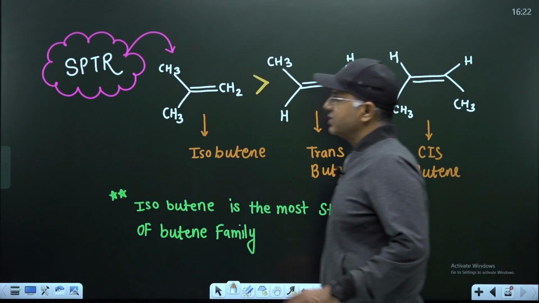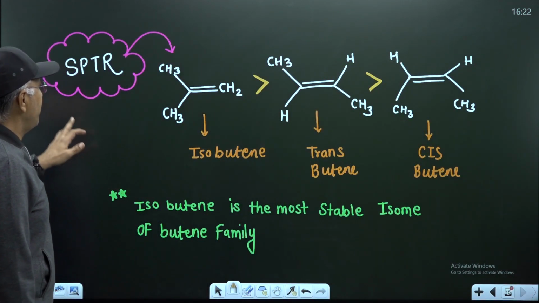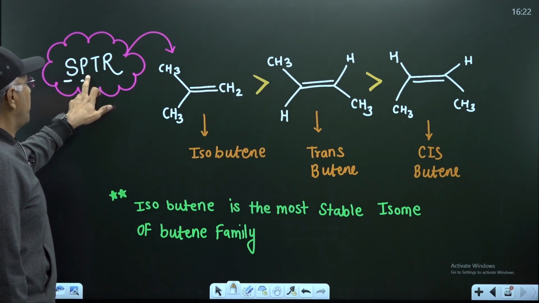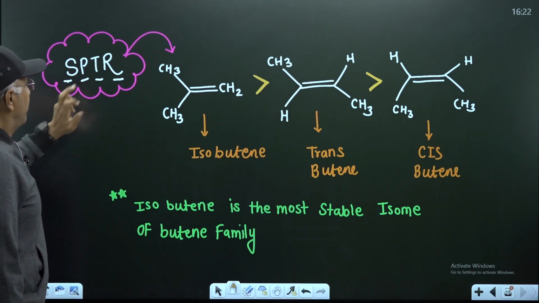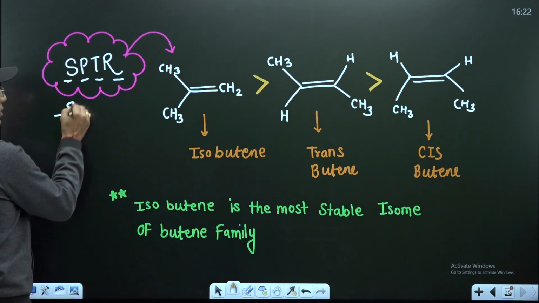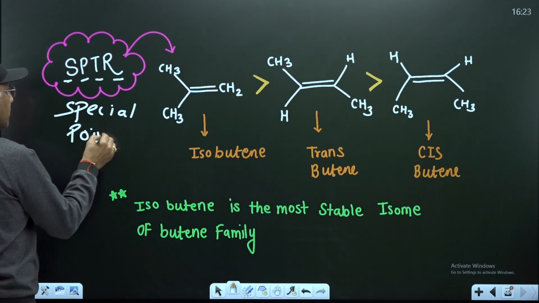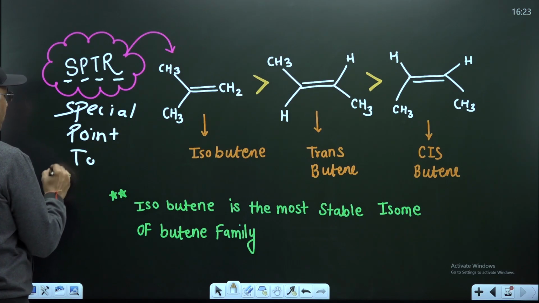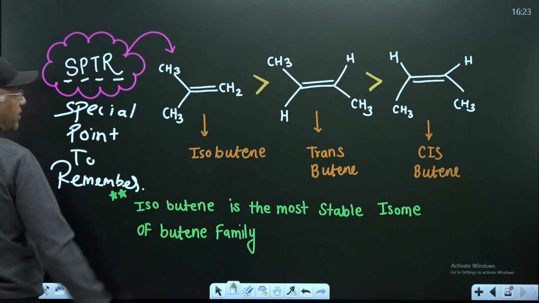Now you have to remember some special point. That point will always be dominating. Now, what is the meaning of SPTR? Special point to remember. S means special, P means point, to remember.